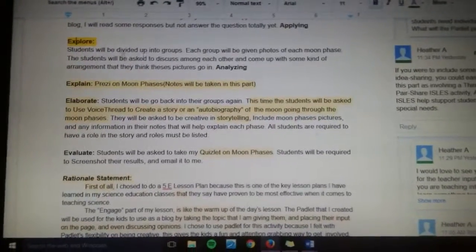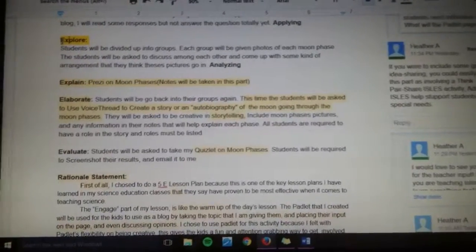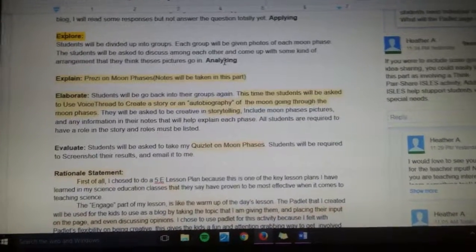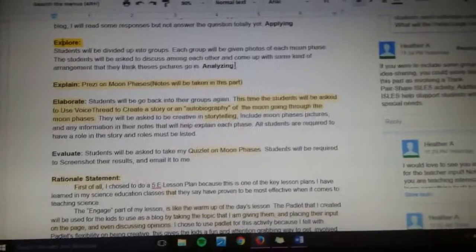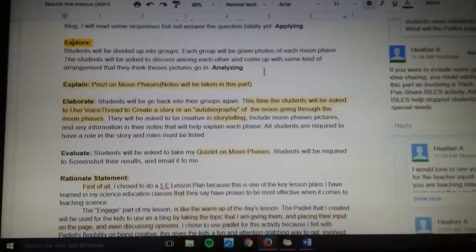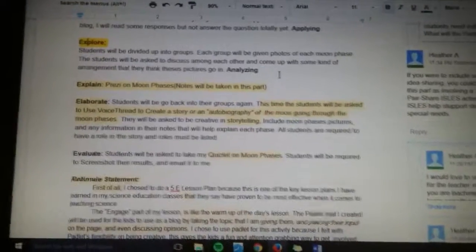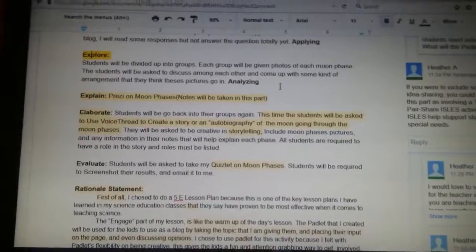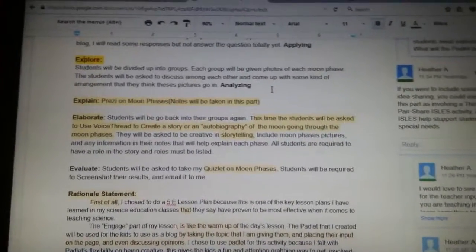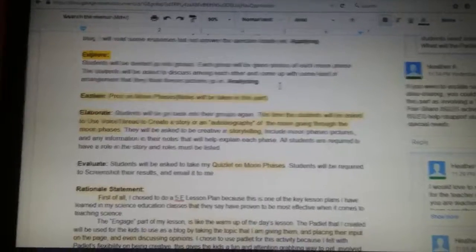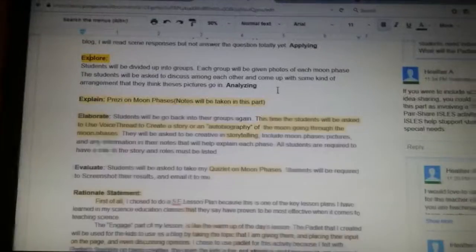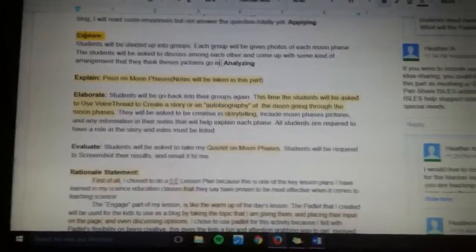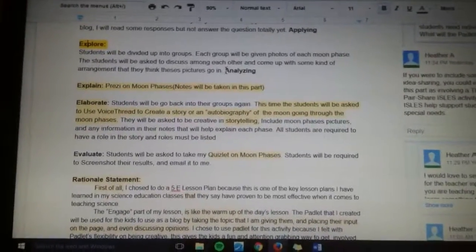So ideally how you would modify this exploring part of the lesson to support group comprehension is to turn this into a think, pair, share activity. With think, pair, share, you probably know the students pair up or group up to discuss something, but first they think about their answer, then they discuss it with their group, and then they share it with the larger group. And each group summarizes what they discussed and what their conclusion is. So you could actually tweak this to become an IELTS strategy in your lesson.